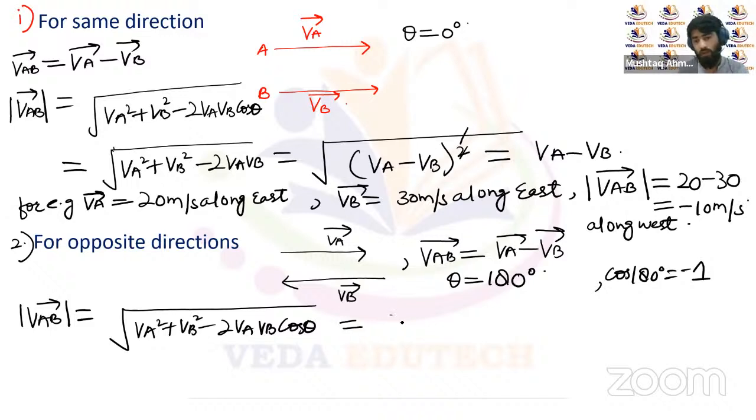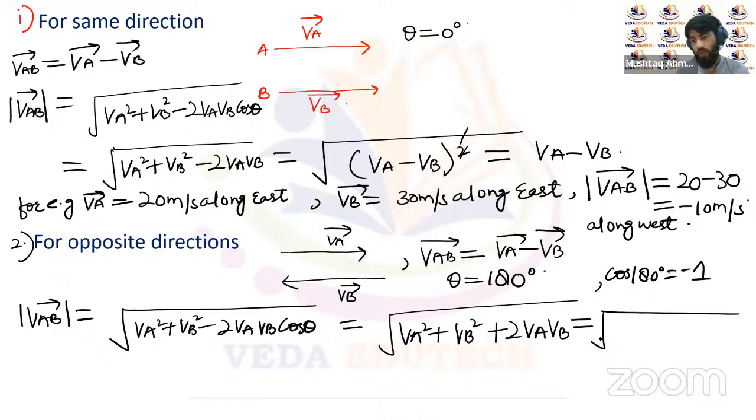We'll get under root of VA square plus VB square plus twice VA VB, right? So we can write it as under root of VA plus VB whole square. So we'll be left with the modulus of VAB equal to VA plus VB.